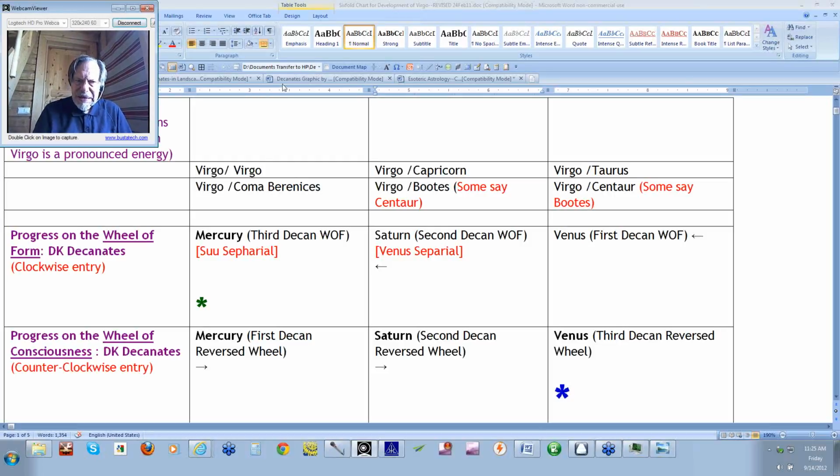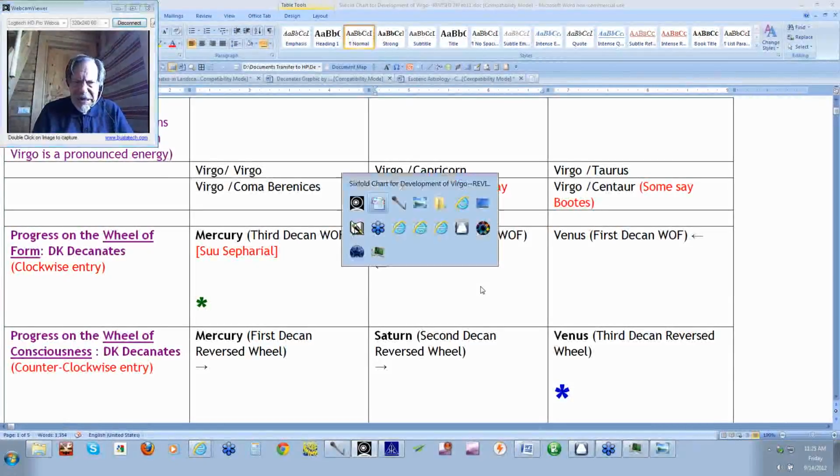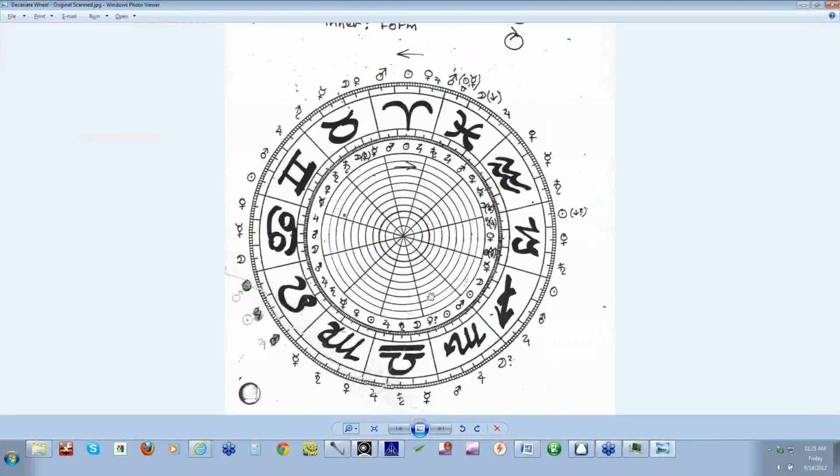So let's just say that this has not necessarily been taken into consideration when we look at this wheel. You see, Sepharial is Sun, Venus, Mercury, which means he thinks that Mercury is the 20 to 30 decanate. So if it is the 20 to 30 decanate, you would be entering via the 20 to 30 and Mercury.